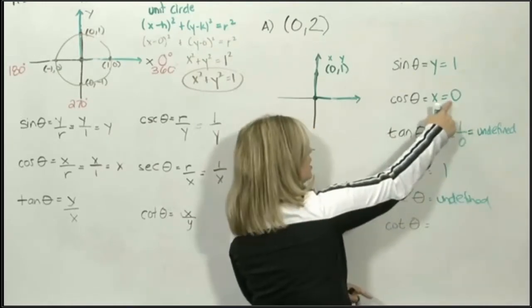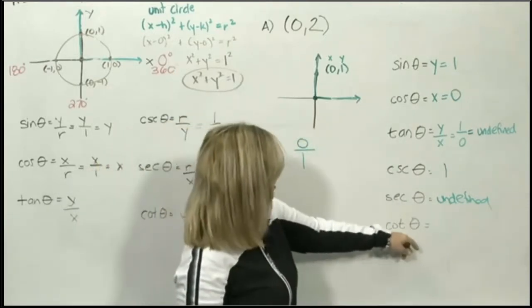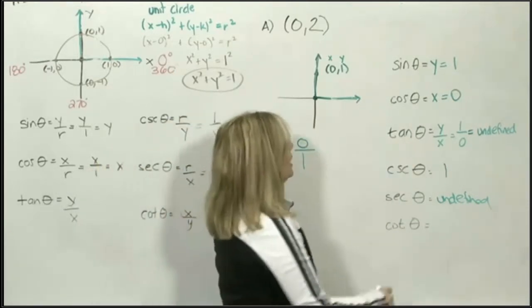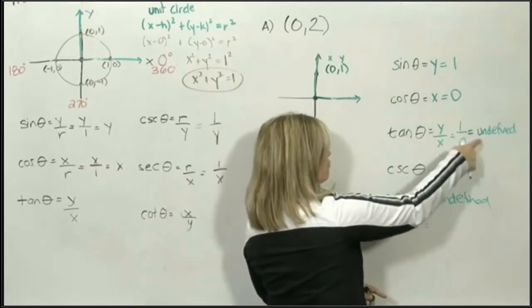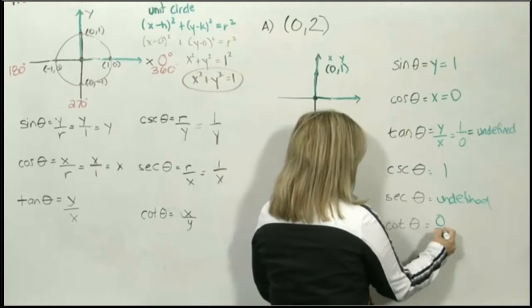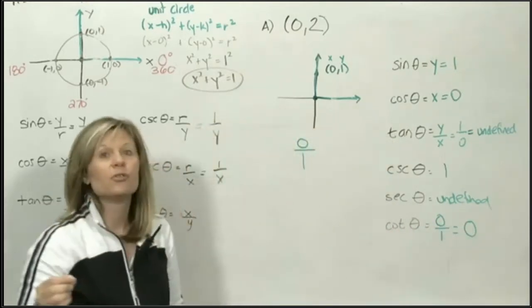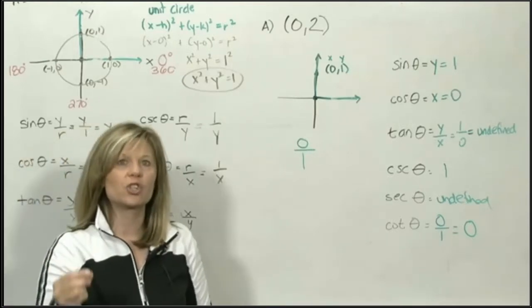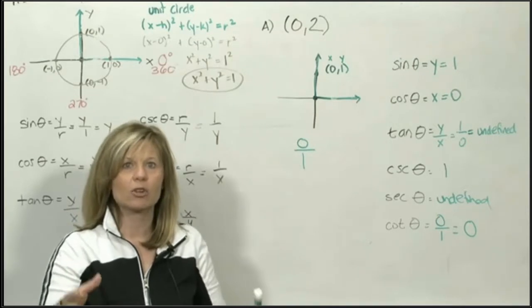So the reciprocal of 0 is always undefined. Cotangent is the reciprocal of tangent. If tangent was undefined because it's 1 over 0, then if we flip that, it becomes 0 over 1, which is 0. So that is how you define the 6 trig function values if you cannot draw a right triangle.